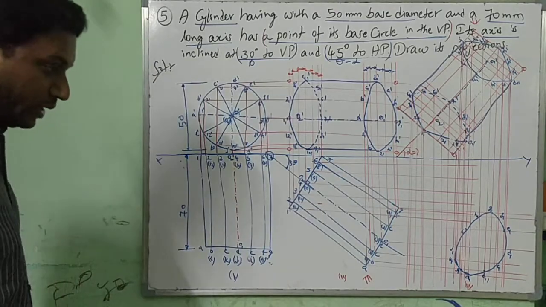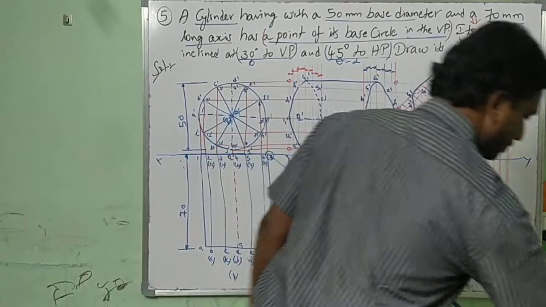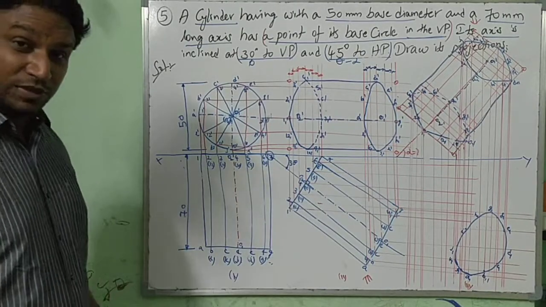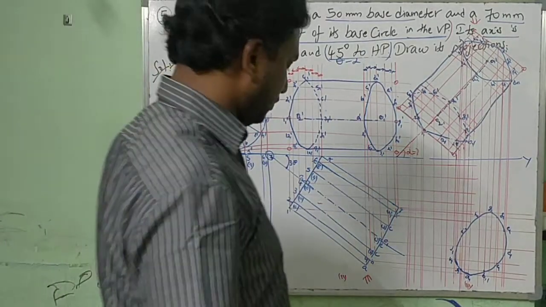I may take some more time, but I'm just doing the lines, nothing more than that. See, it's a mesh, like a graph sheet. You have to pick the points very carefully.